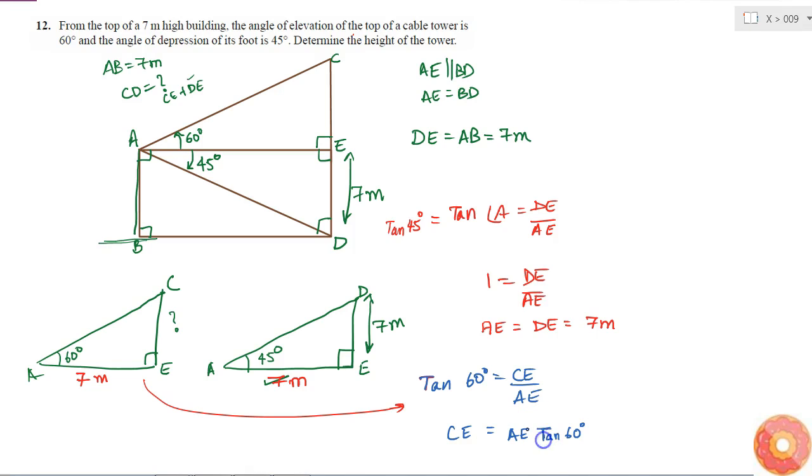The value of AE is 7 meters, and tan 60 is root 3. So this is equal to 7 into root 3 meters. So I got CE, and I also know DE. Therefore the value of CD will be equal to CE plus DE, which is equal to 7 root 3 plus 7, or 7 into root 3 plus 1 meters. This is my final answer.